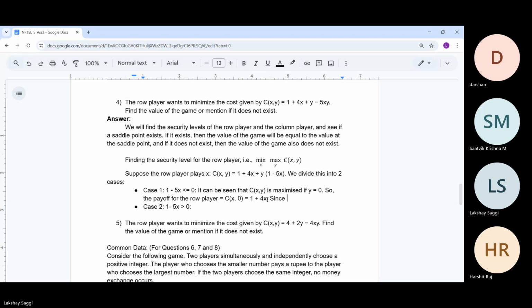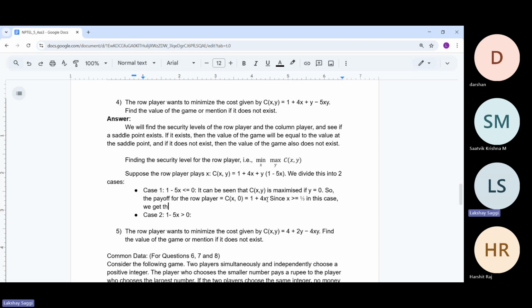So since x is greater than or equal to 1 by 5 in this case, the point 1 by 5 comma 0 will be chosen in this case.